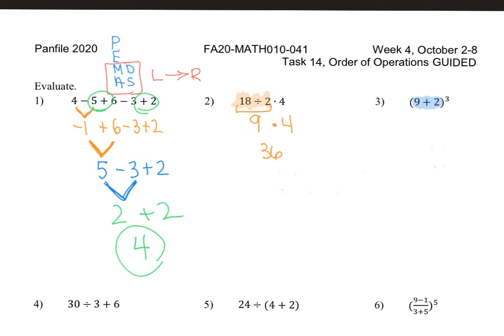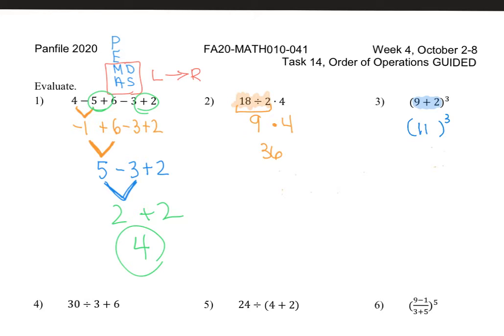So I'm actually going to do the 9 plus 2. And I'm going to get 11. Notice that's the only thing I change about my problem. Showing my work for this, I'm going to keep everything else the same. The only thing I change is what's inside my parentheses, the 9 plus 2. So that becomes 11. Now, I still have parentheses, but I can't do anything with it because I've already done it. I did the addition inside my parentheses.